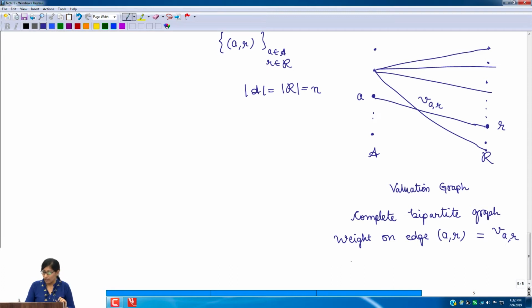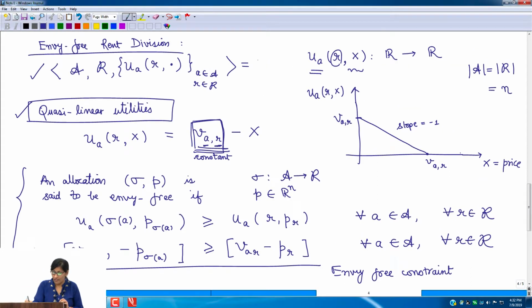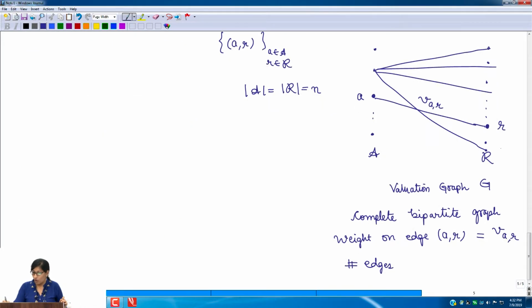So I know that the number of edges in this particular graph, let me call it G. Okay, and let me call this particular instance Q, and therefore let me call it GQ. So the number of edges in this valuation graph for a given Rent Division instance is n square.